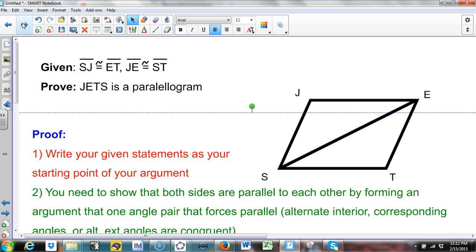So first of all, here's what your proof is going to look like here. So we have just some parallelogram that's going to represent all parallelograms because it's just a generic picture, right? And we have labels. I labeled it jets. Okay, so we're going to prove that jets is a parallelogram.